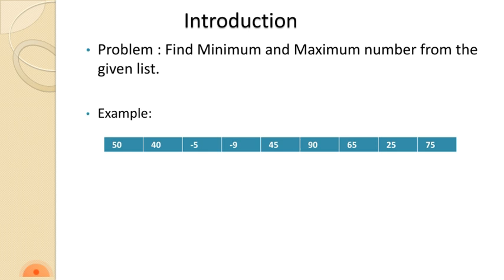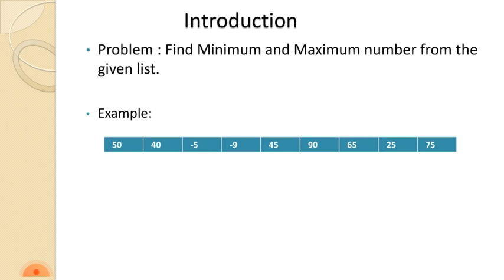Suppose 50 is the maximum number, then compare with 40. Is 40 greater than 50? No. Minus 5 is not greater than 50. Minus 9 is not greater than 50. 45 is not greater than 50. 90 is greater than 50.